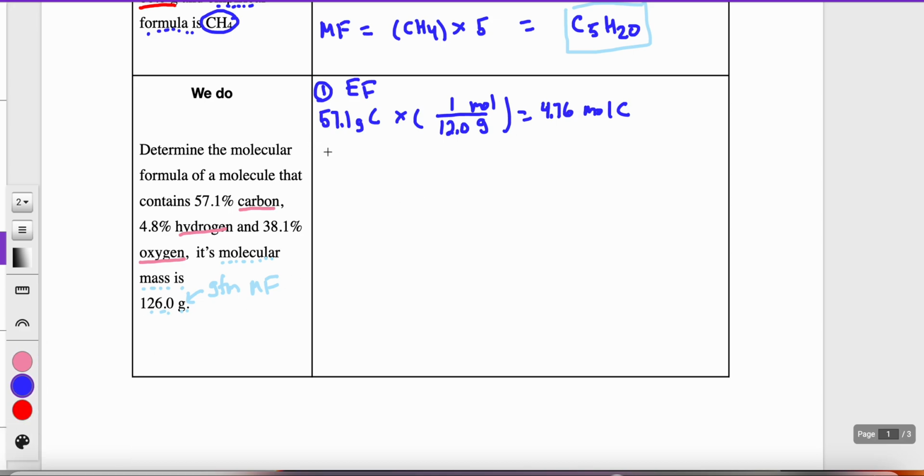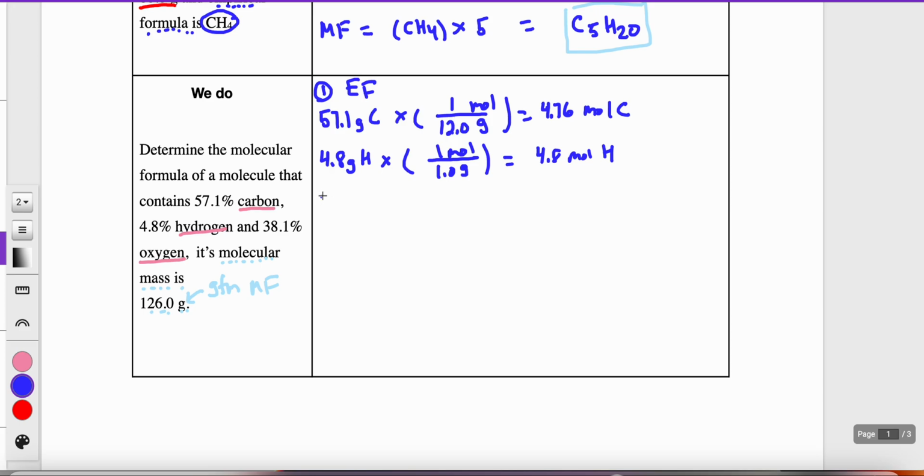Now I need to do the same thing for hydrogen. It contains 4.8 grams of hydrogen, converting that mass to moles. So 1 mole of hydrogen is 1 gram of hydrogen. So that means that this sample contains 4.8 moles of hydrogen. And now lastly, oxygen.